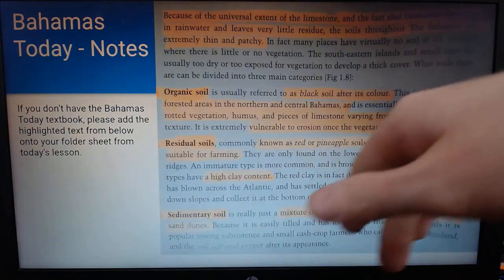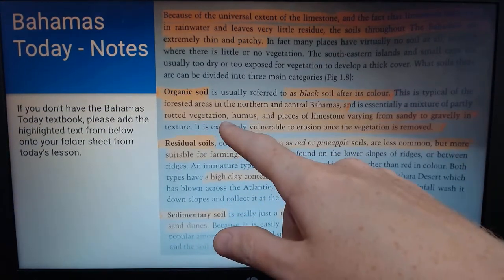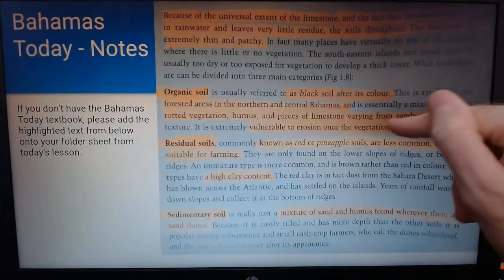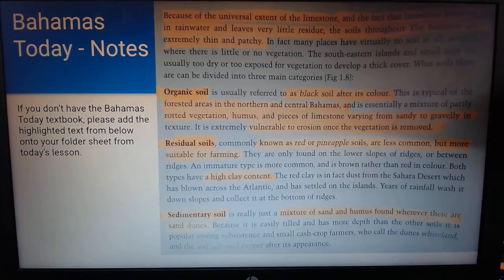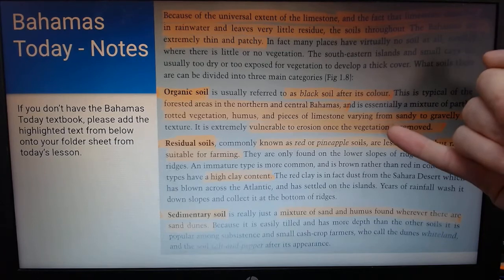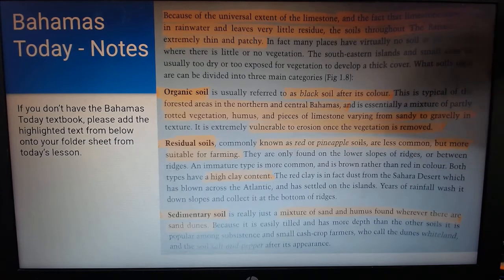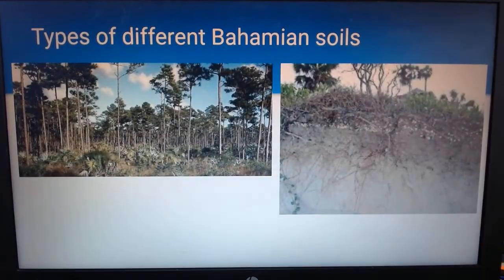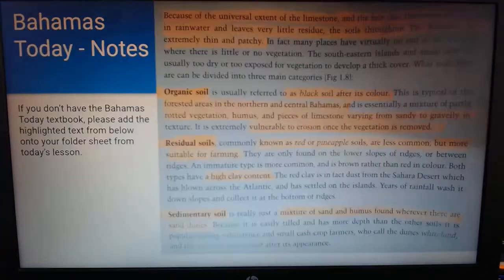It's a mixture of rotted vegetation from the coppice, the humus layer, and pieces of limestone throughout it. It's extremely vulnerable to erosion. Once we take that vegetation cover away, like from this picture here, the soil layer would simply blow away very, very quickly.